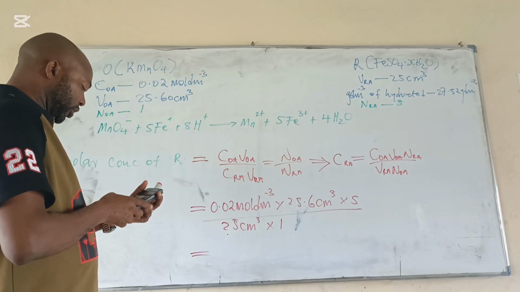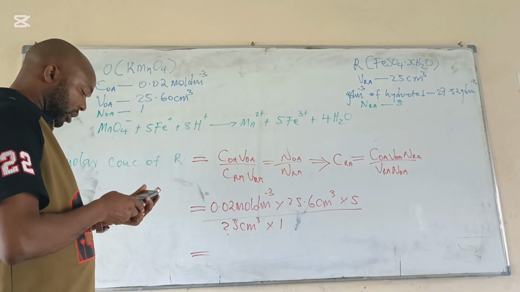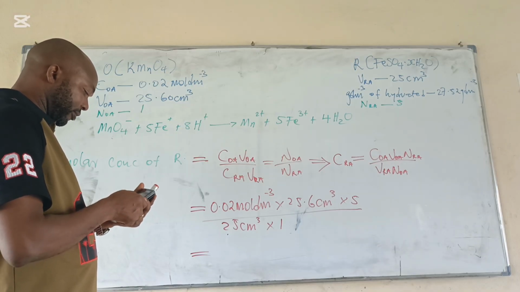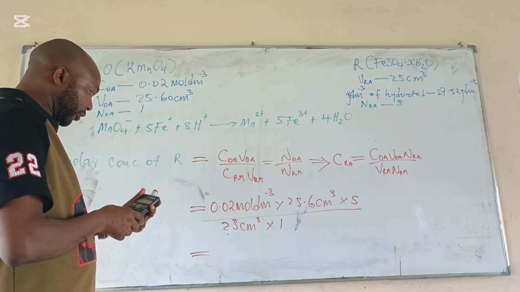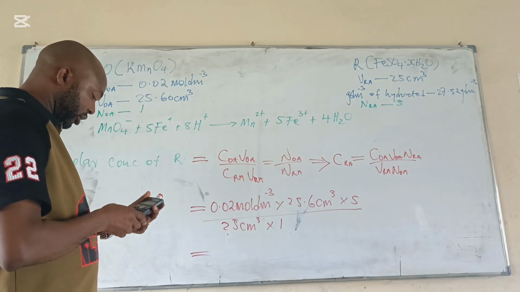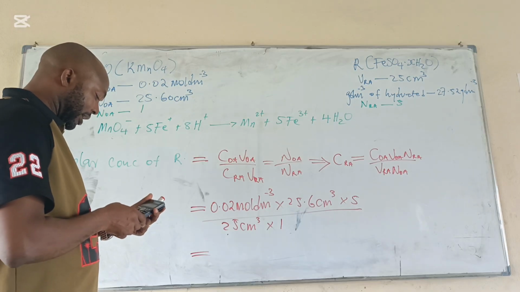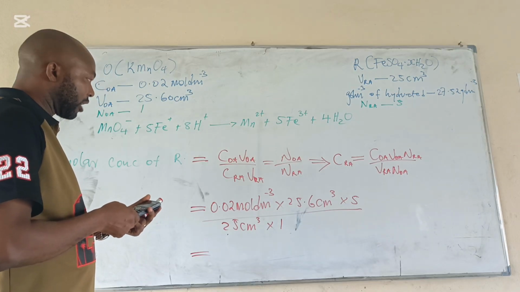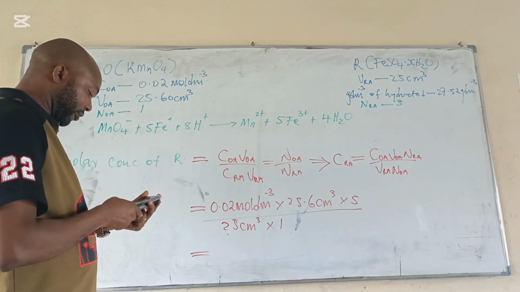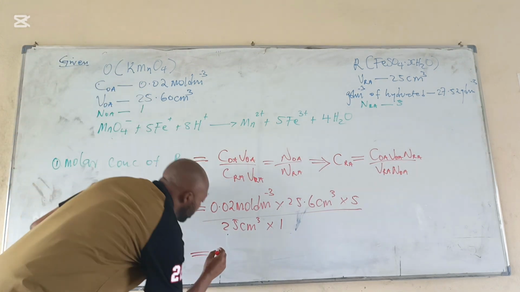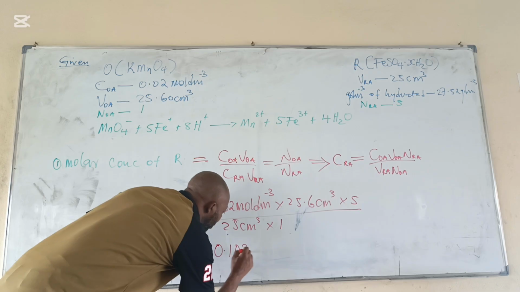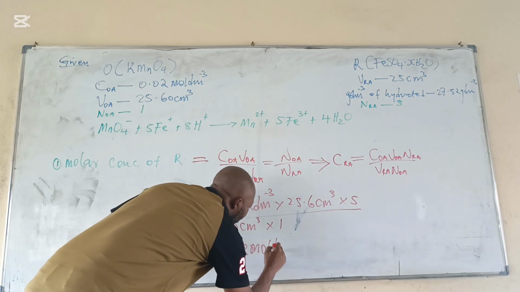We have 0.02 times 25.6 times 5 divided by 25. This is 0.102 mole per dm cube.